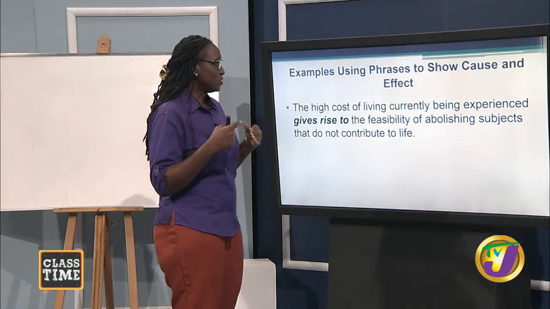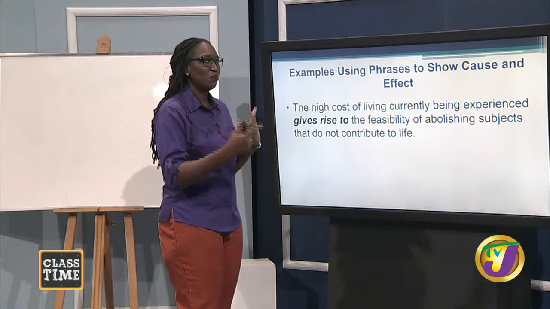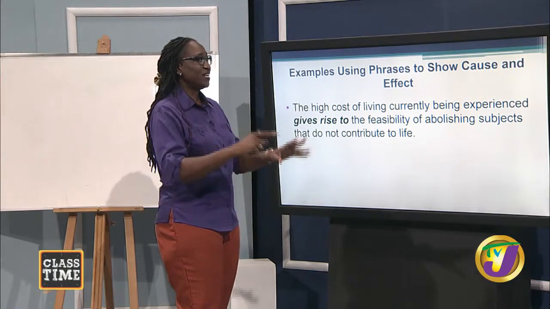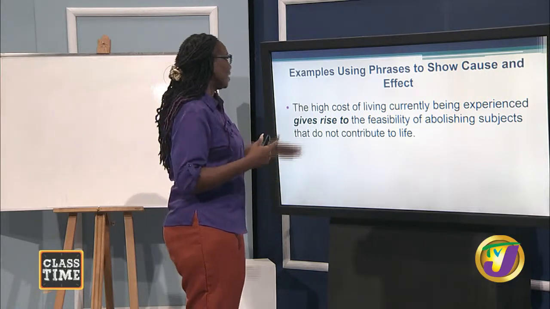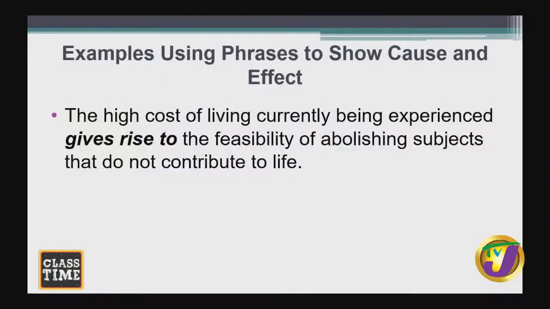So the cause is really abolishing the subjects. It's feasible to abolish the subjects. And then the natural effect will be that the high cost of living currently being experienced more than likely will go down, because notice I said the feasibility of abolishing. So that means if we don't abolish, then the high cost of living will continue.